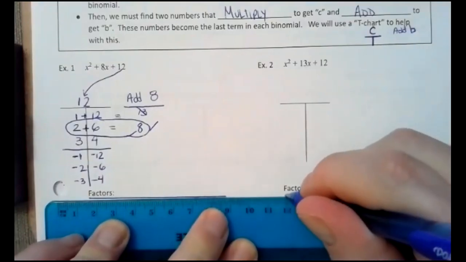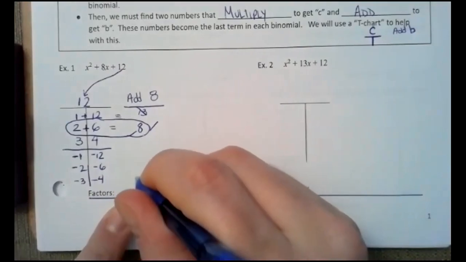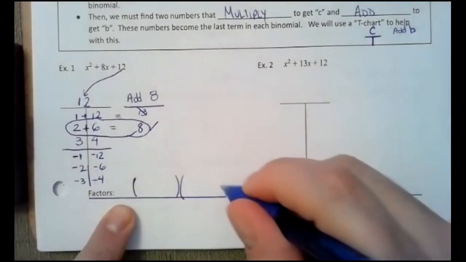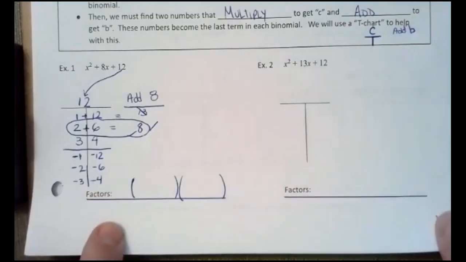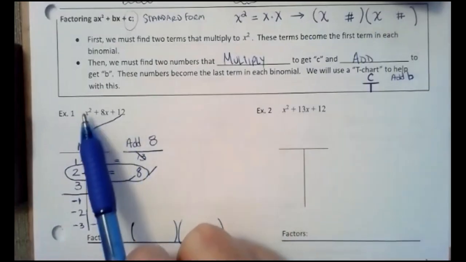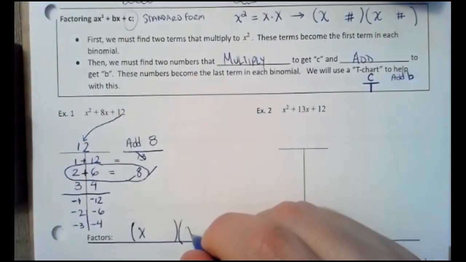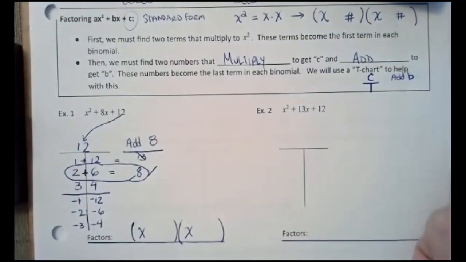So I'm going to do this. I'm going to start by writing 2 sets of parentheses. What we said earlier is we want each of these to start with an x to make x squared. So I'm going to start each of these with x and x.